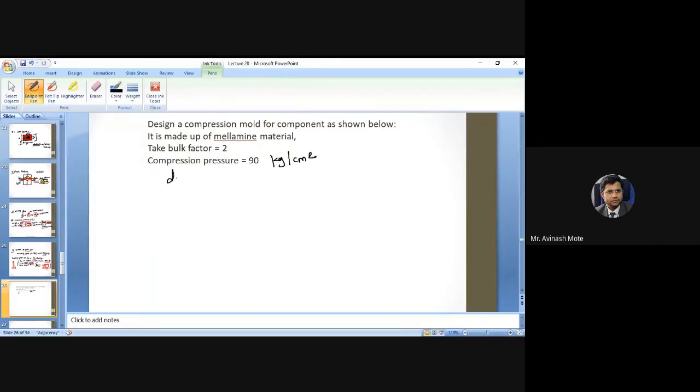One more thing required is density. Density is 1.79 gram per centimeter cube. What is required?